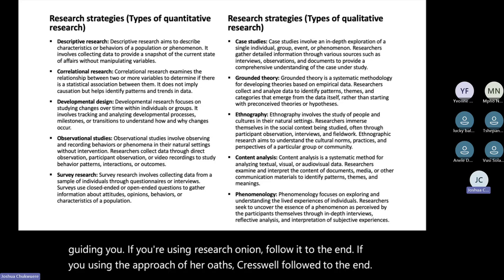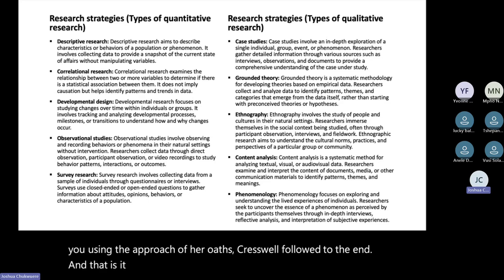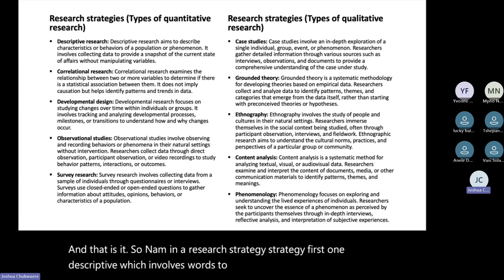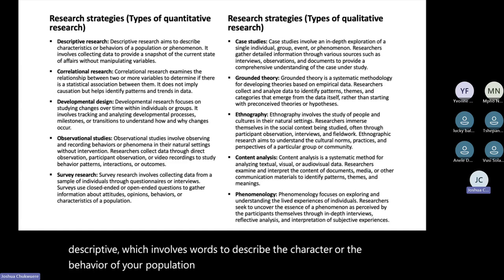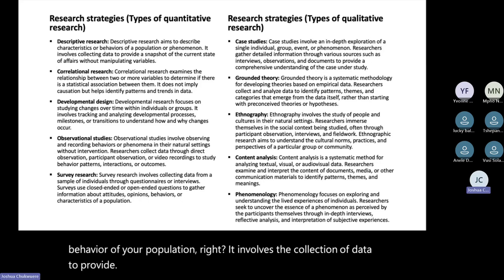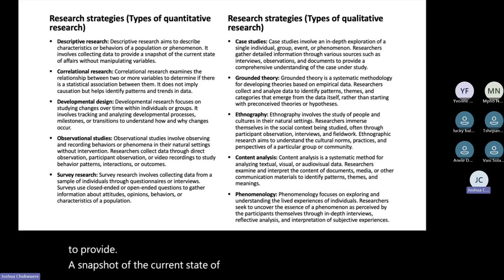And that is it. So now in a research strategy, first one, descriptive, which involves what? To describe the character or the behavior of your population, right? It involves the collection of data to provide a snapshot of the current state of affairs without manipulating variables.